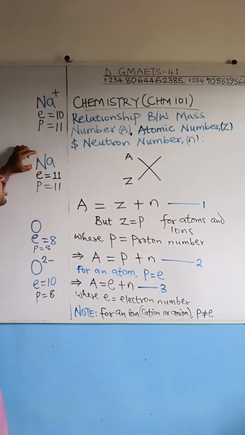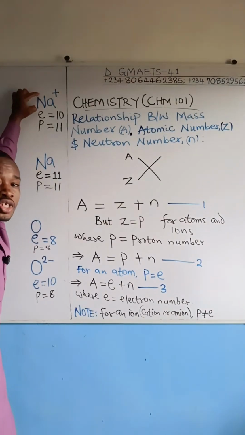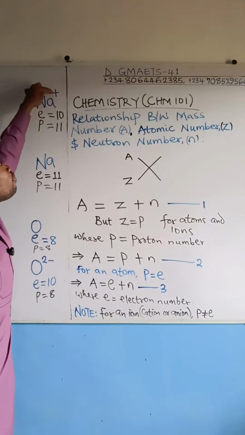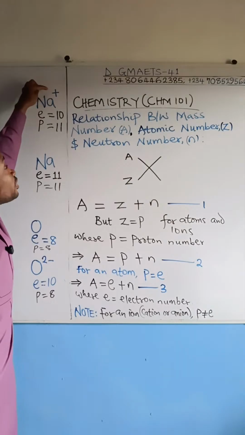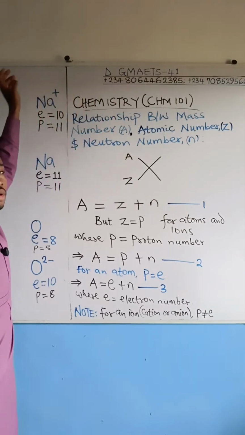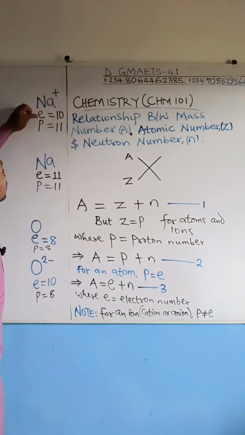When the sodium atom reacts, you write it as sodium ion, and you'll see +1. If it is 1, you don't write the 1, you just write plus. This simply shows that sodium lost 1 electron. So the number of electrons in the sodium ion becomes 10, but in the sodium atom, the number of electrons is 11. So the electron number in this cation reduced.